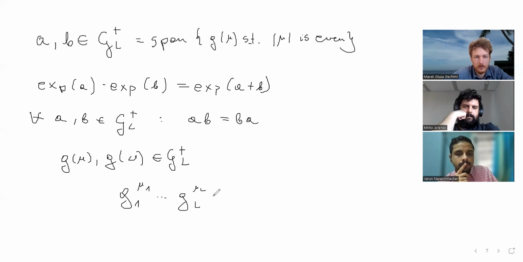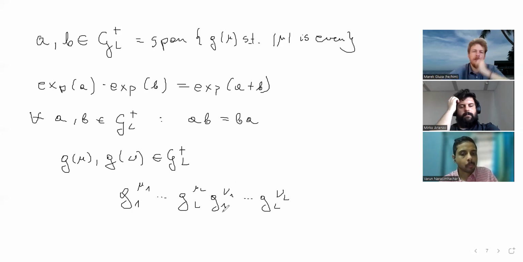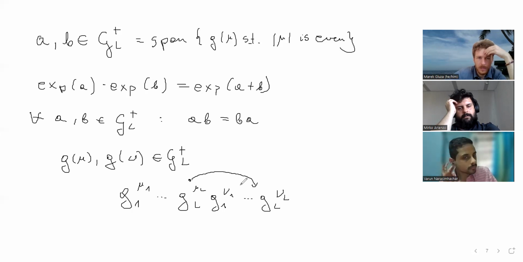Mu L, and then G1 mu1, L mu L. Now the point is that if I would be moving through those even expressions, so let's say I want to move this one through, then I know that nu is 2n, like it's even, right?